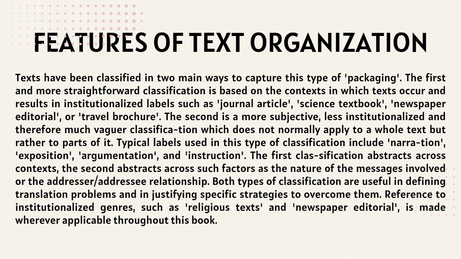The second is more subjective, less institutional, and therefore much vaguer, a classification which is not normally applied to a whole text, but rather to parts of it. Typical labels used in this type of classification include narration, exposition, argumentation, and instruction.